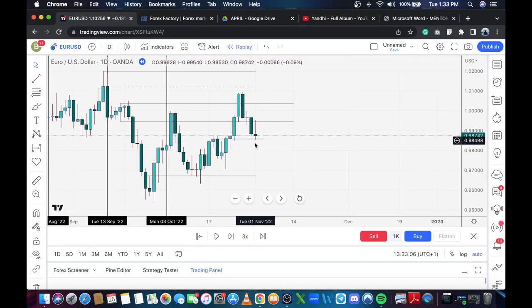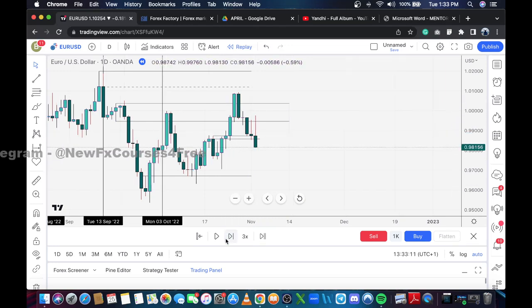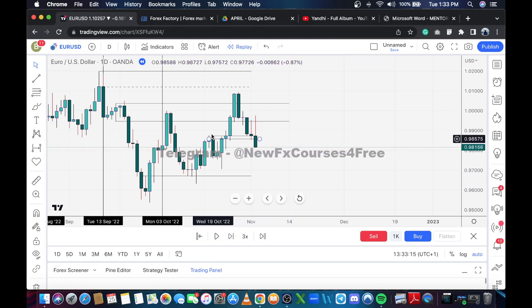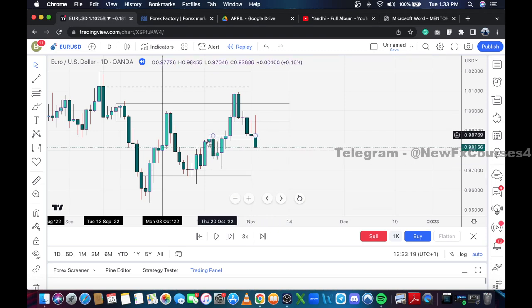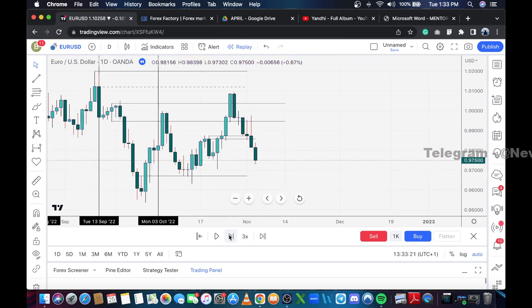Okay, so now it's a little bit of a pop, but we're back up into a bearish order block. And we're still inside the candle. We've not lost this bullish order block yet, which is a discount. And now we have lost the bullish order block. So now, are we bearish?